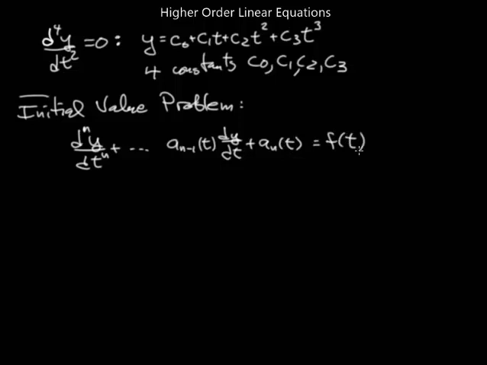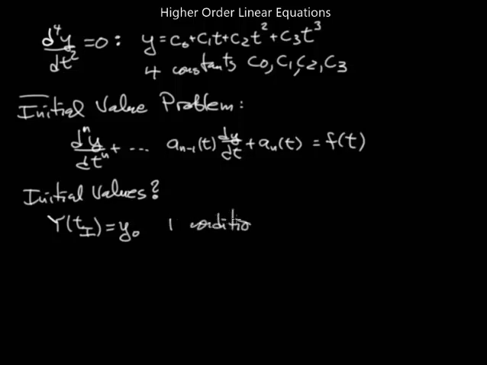I forgot my y again. Some function times y is equal to f(t). And then how do you specify the initial values? Well, it's an nth order equation, so you must need n initial values. So let's specify that the value of the function at ti is given as, say, y0.